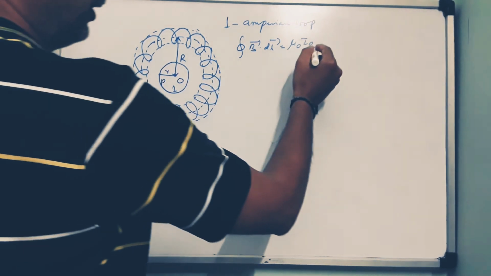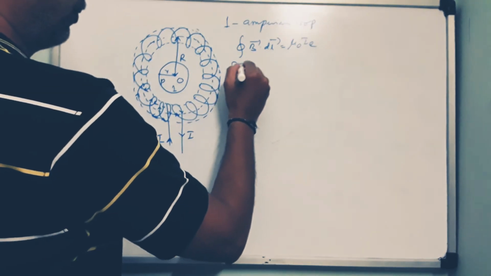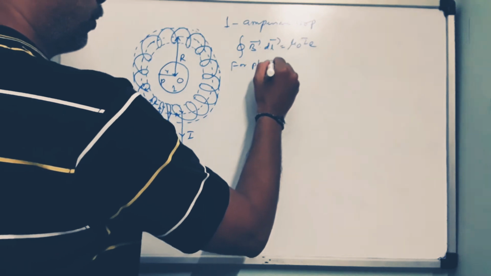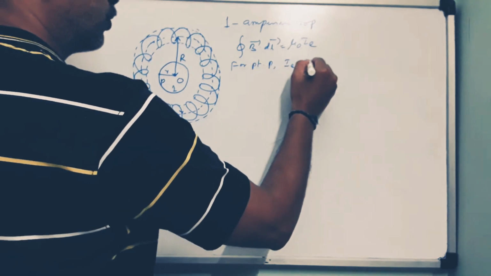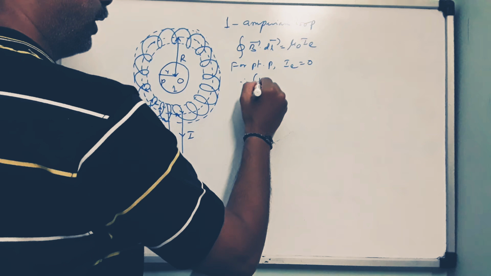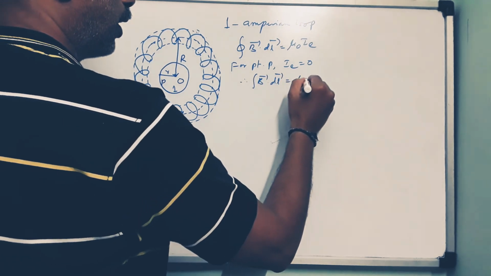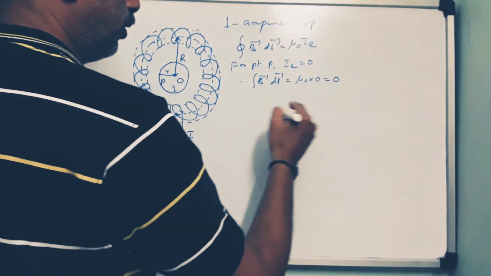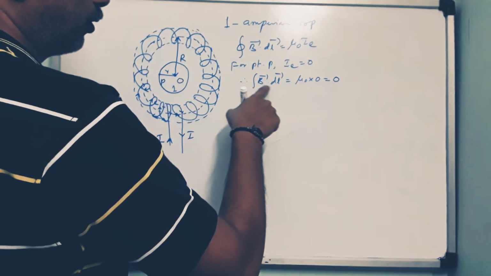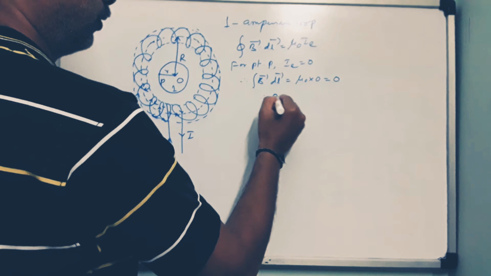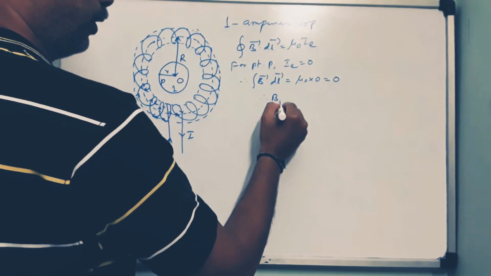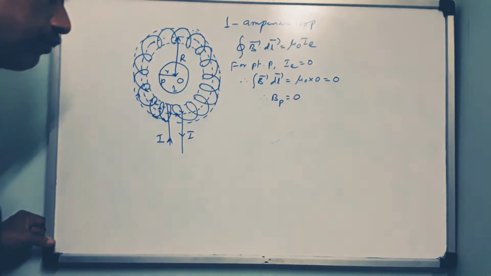So therefore, the IE for point P, IE equals 0. Therefore, the line integral of B dot dl equals mu naught into 0, that equals 0. dl can never be 0, so therefore B must be 0. So B at point P is going to be 0.